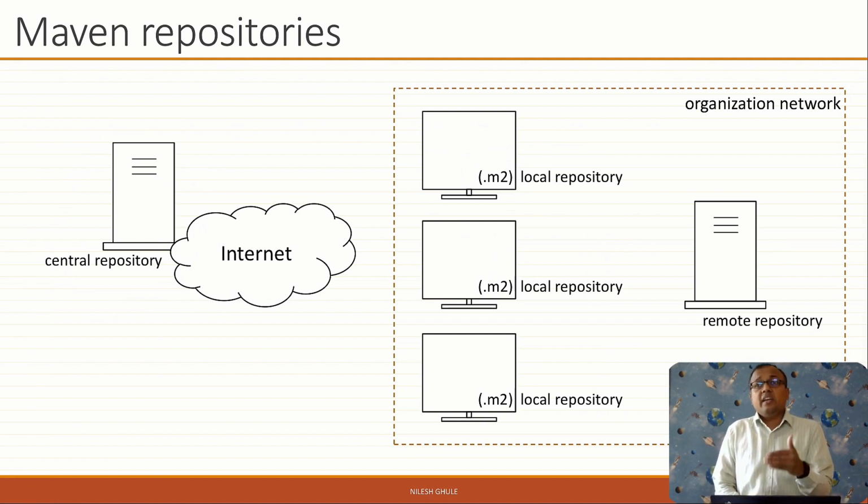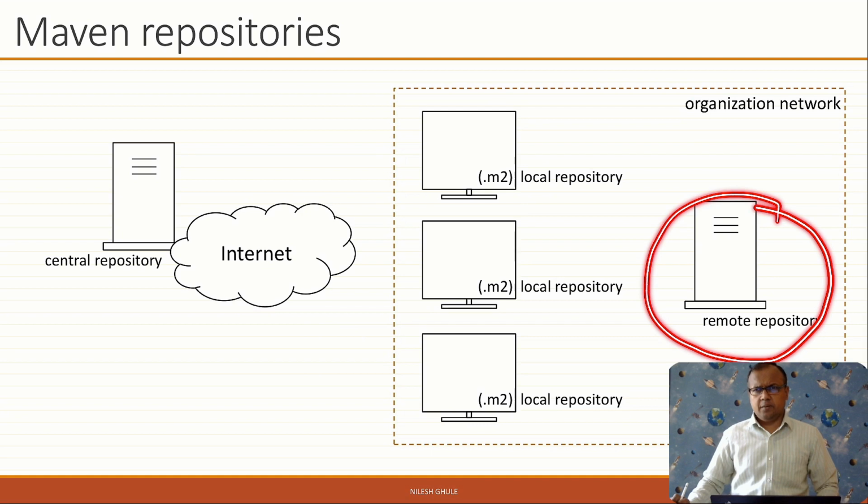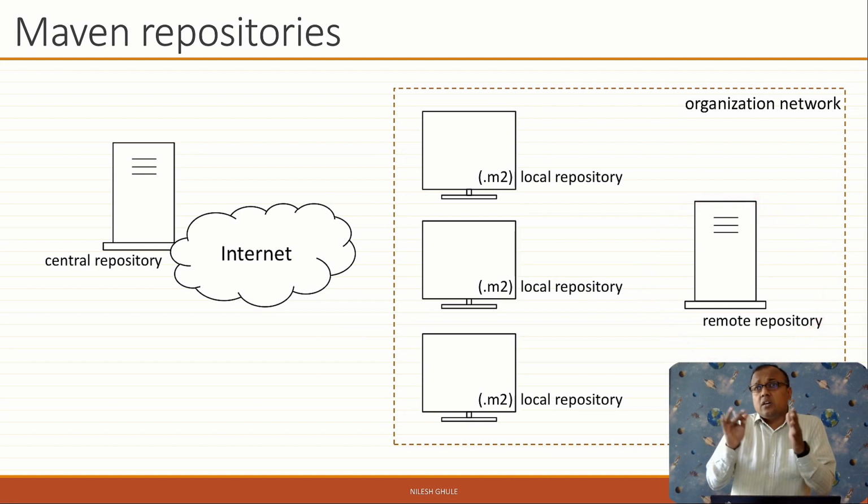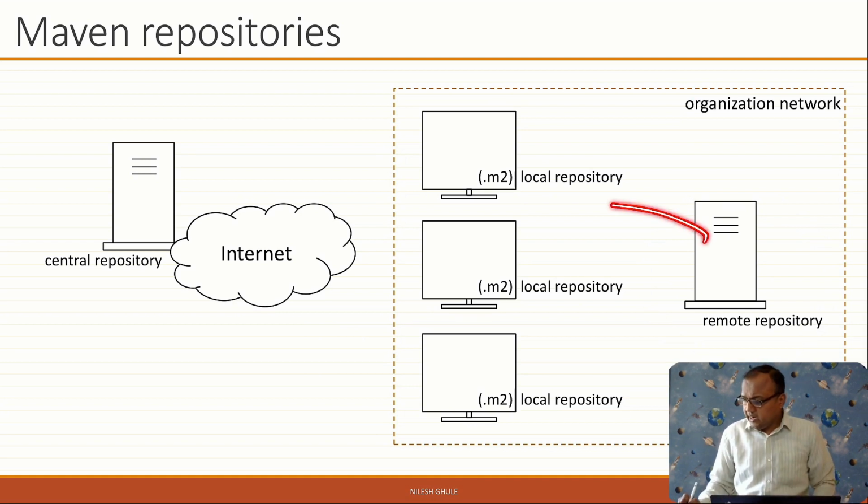So instead of publishing these libraries on the central repository, companies usually create their own remote repository, which is typically kept inside the organization's internal network. Of course, you can download your own company specific and project specific jars from there into your local repository. By default, Maven will always download from the central repository.